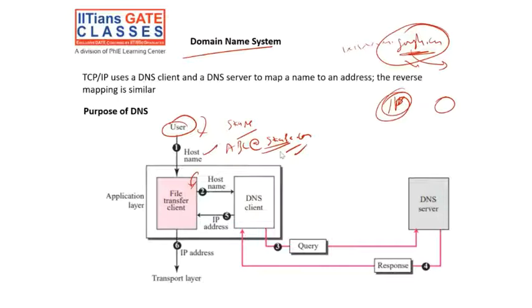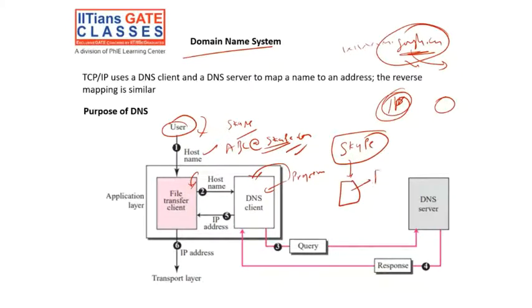So the Skype client will send the host name to the DNS client. This DNS client is a program in the application itself. Which application? The Skype application on your system. If Skype is there, in that there is a file transfer client.